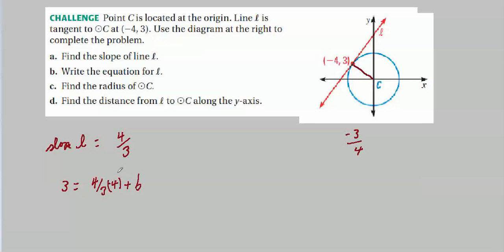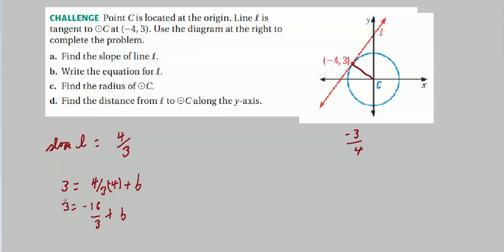So what have we got? We've got 3 equals minus 16 over 3 plus b. We can add 16 over 3 to each side, and this would be like 3 over 3, right? So that's 19 over 3 equals b. I either need to stop doing things in my head or get a better head. This is 9 over 3, of course, not 3 over 3.